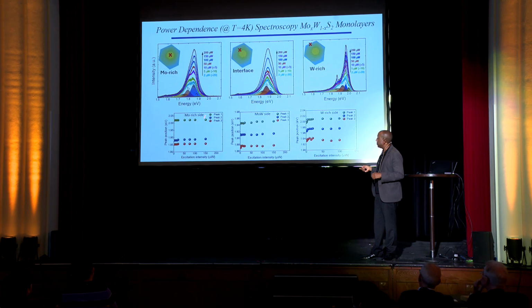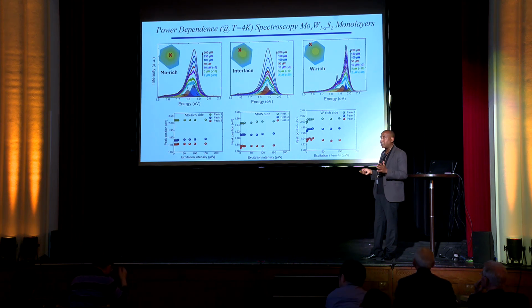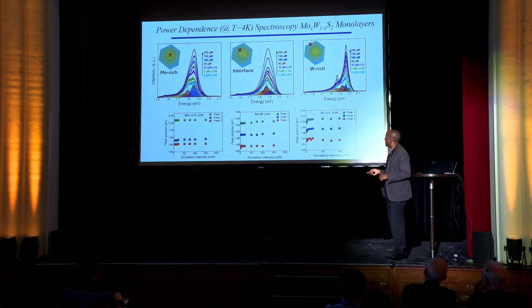The first 3 peaks are near the band edge. They are assigned to excitonic based transitions near the band edge, and the rest 3 are coming from vacancy, this monovacancy or sulfur vacancy related excitations. So that is the first category.